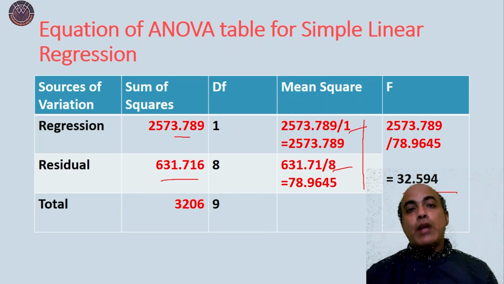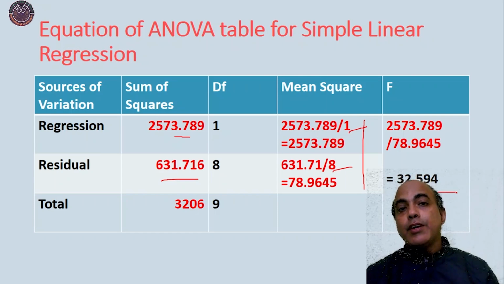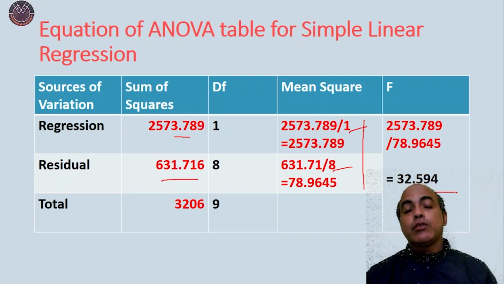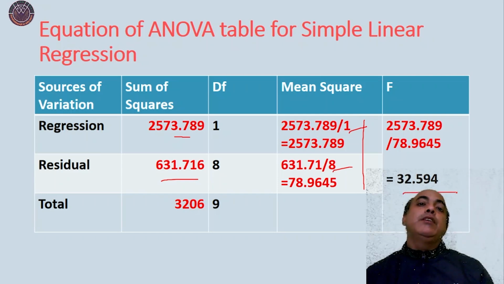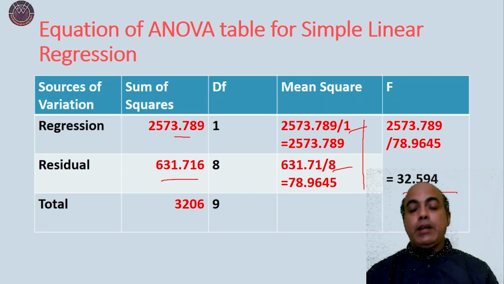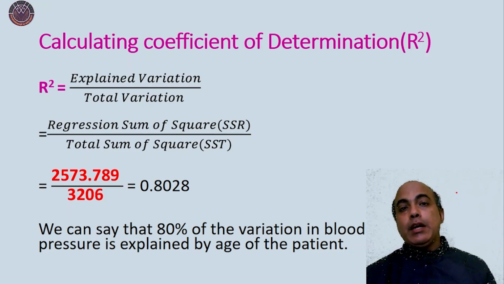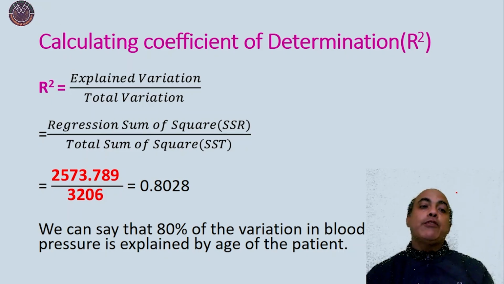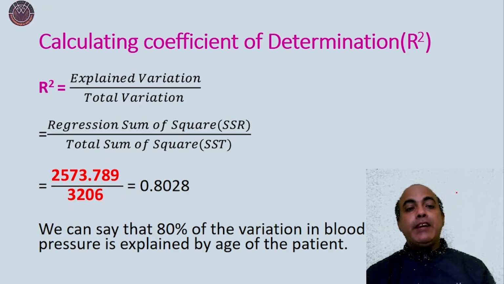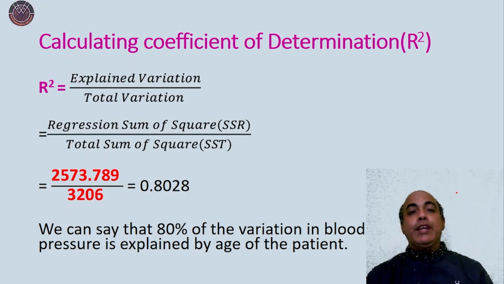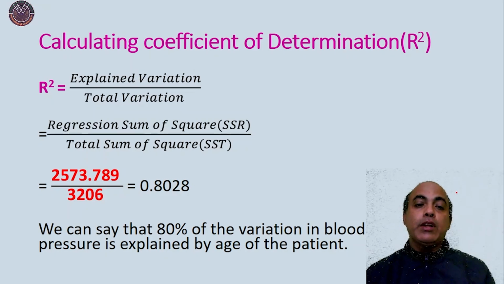Now we will calculate the coefficient of determination: how much of the variance in the dependent variable is being explained by the independent variable. The formula for that, as I have already told, is explained variance by total variance, so regression sum of squares by total sum of squares.